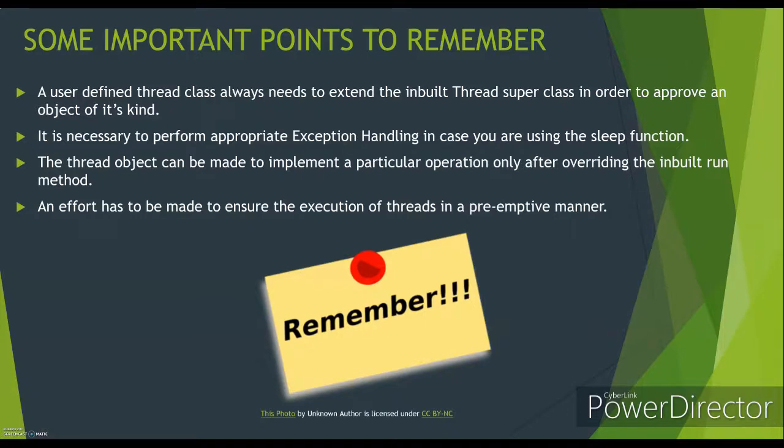The thread object can be made to implement a particular operation only after overriding the inbuilt run method, and an effort has to be made in order to ensure the execution of threads in a preemptive manner. The effort made here was to introduce a delay between the starting of both these objects.